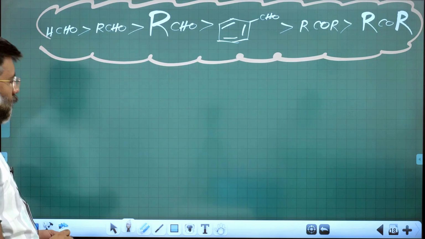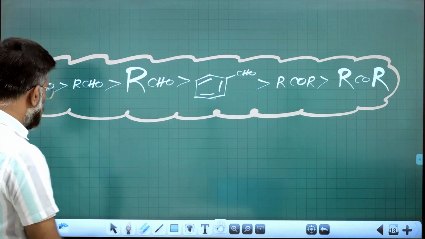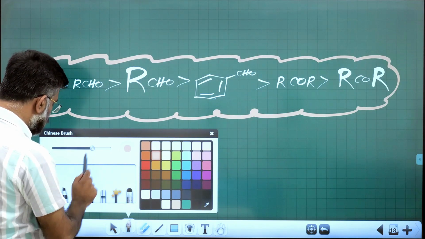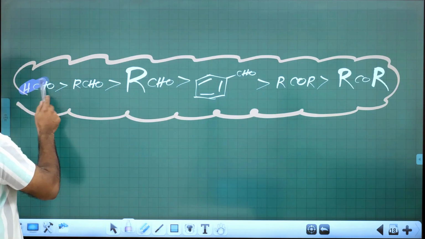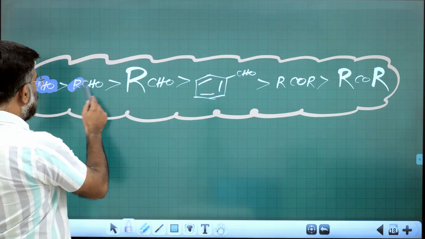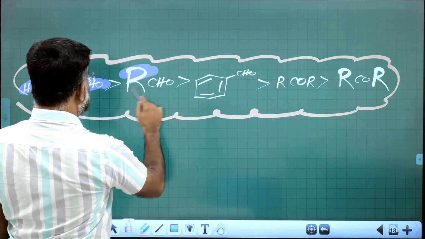Try to understand clearly what I mean. Very simple point. You see, formaldehyde is most reactive. Then aliphatic aldehyde. Then what is the difference between this and this?